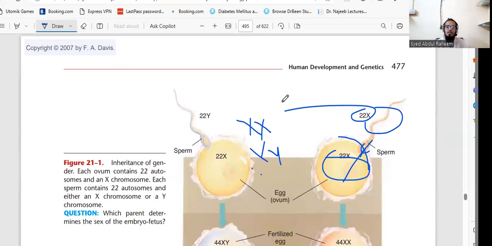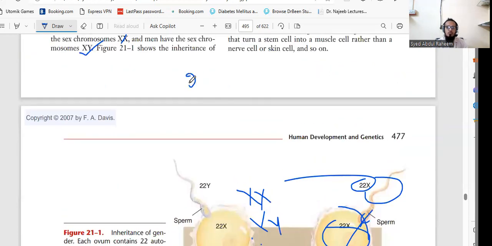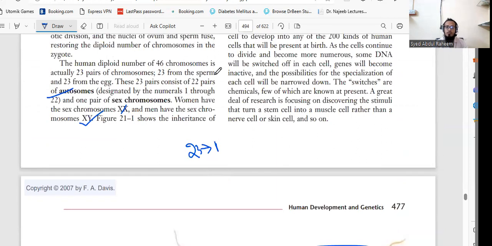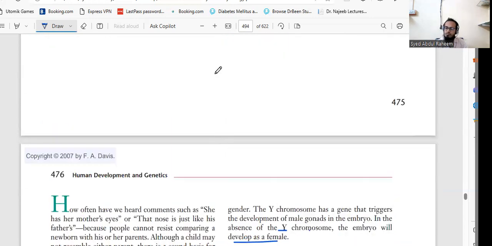So basically, we have 23 chromosomes, and in that, one chromosome has the power to decide whether it will be male or female. The one chromosome from the male is Y, and from the female is X. XX belongs to female, XY belongs to male. So it will depend upon the chromosomes.